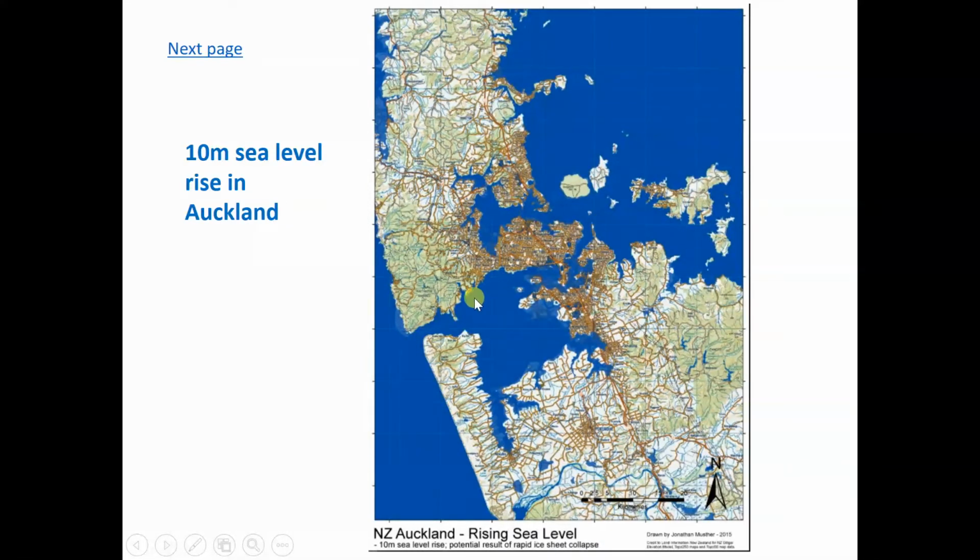The east coast will be navigable from the east to the west. This is the Manukau Harbour, and this is Hauraki Gulf. So actually you can sail a boat through from the east to the west. The northern part will become separated from the southern part, so we have another island.